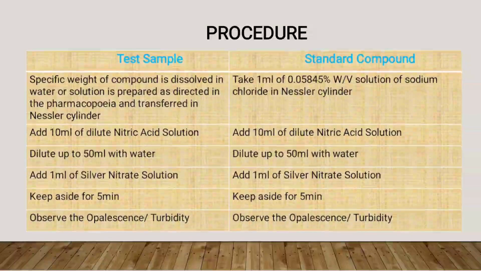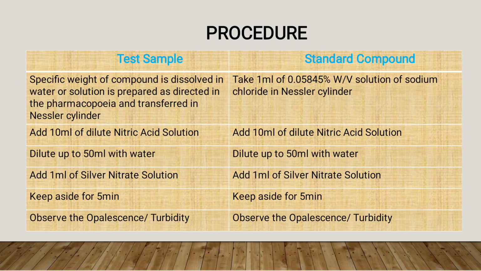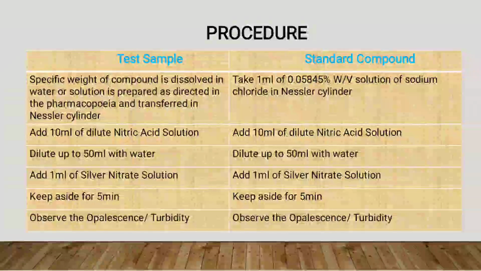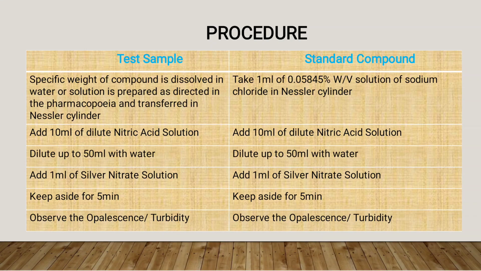Then what is the procedure? The procedure for carrying out the limit test for chloride. We just saw the apparatus or glassware used to perform the limit test for chloride. Two Nessler cylinders are taken: in one, the test sample is prepared, and in the second, the standard solution is prepared.